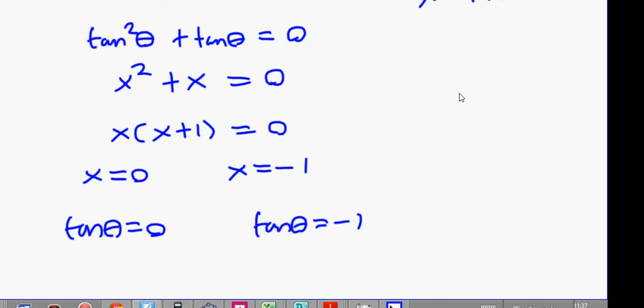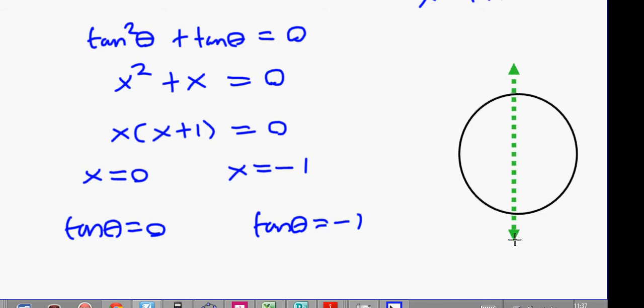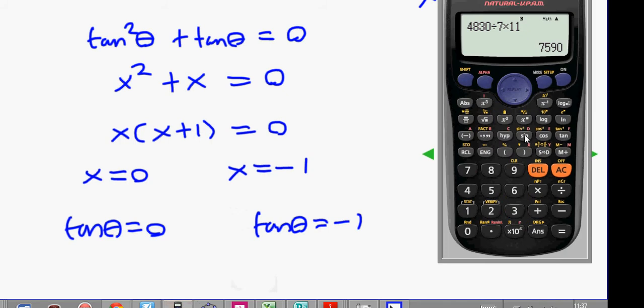In this exercise, you're going to be constantly using your circles. And you're going to be using the ASTC over and over again. Now guys, what you got to remember is when is tan 0? Alright, so let's try tan 0. 0 is an answer.